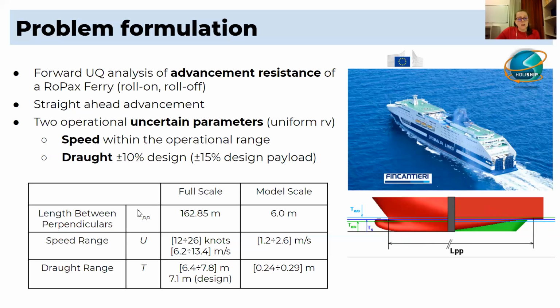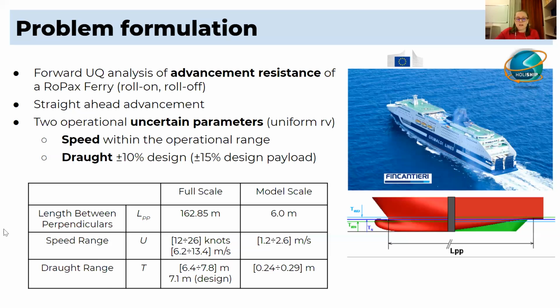At full scale this would be 162.85 meters, and the speed range would vary between 12 and 26 knots. The draft would vary between 6.4 and 7.8 meters. But actually, we do not work at full scale, we work at model scale. Model scale is really what the colleagues at the Institute of Marine Engineering are working with.